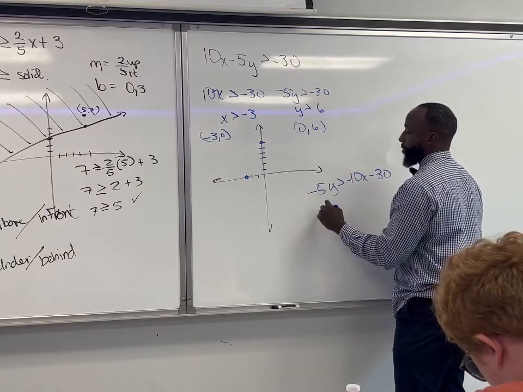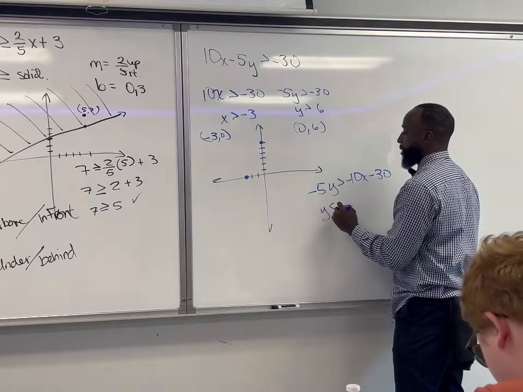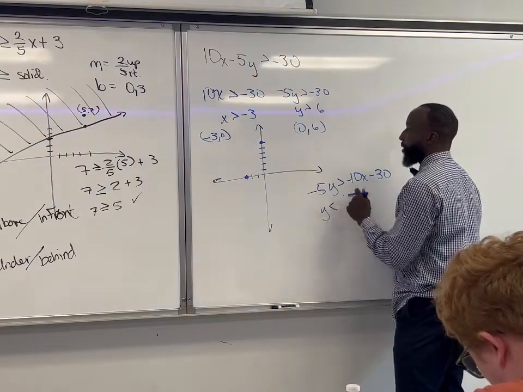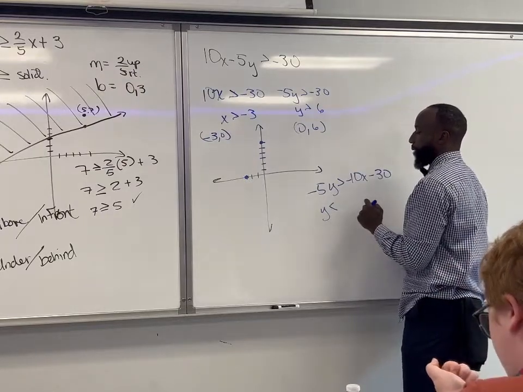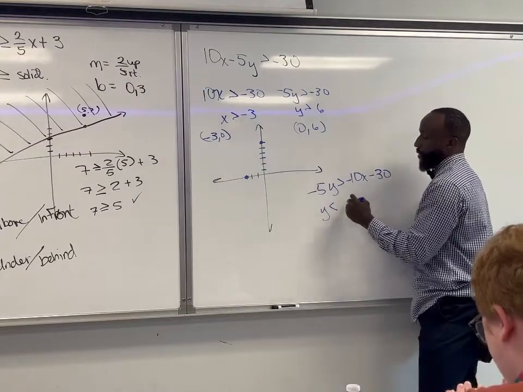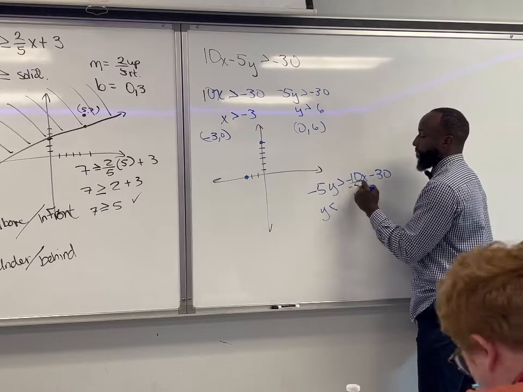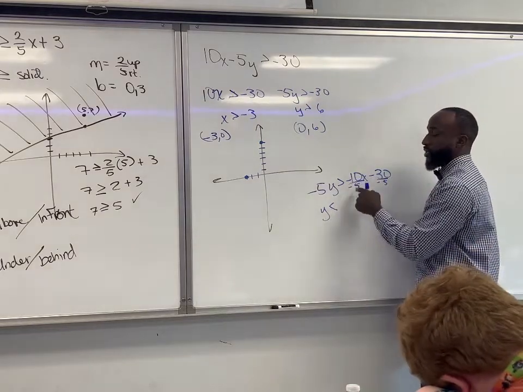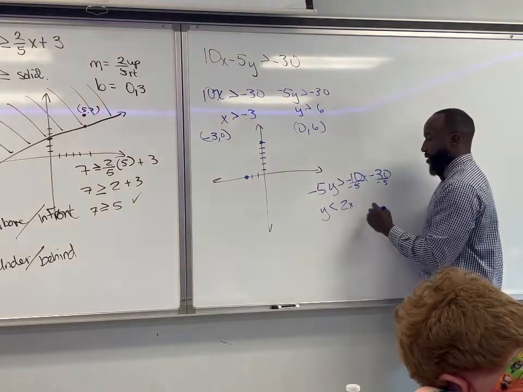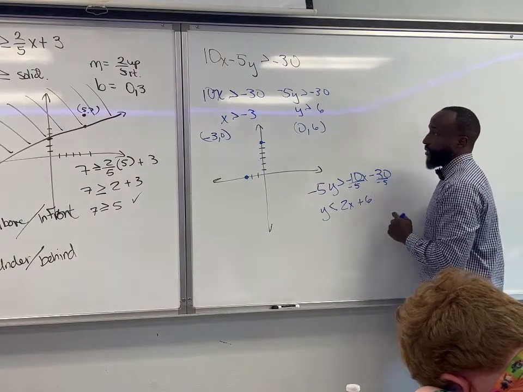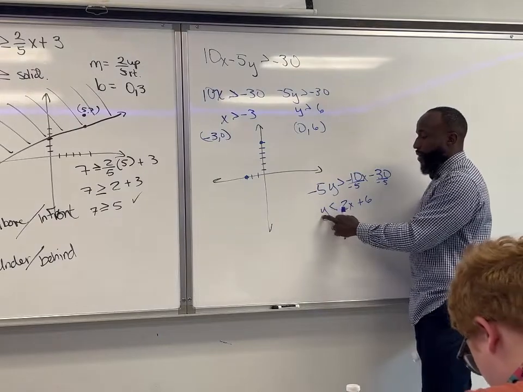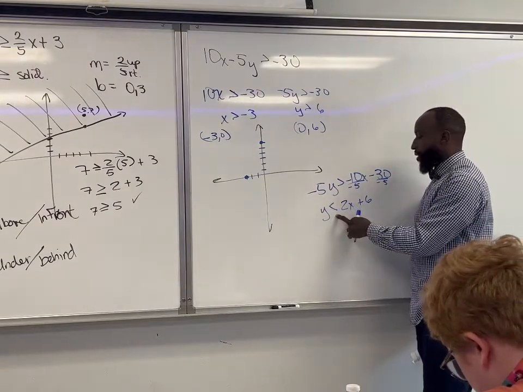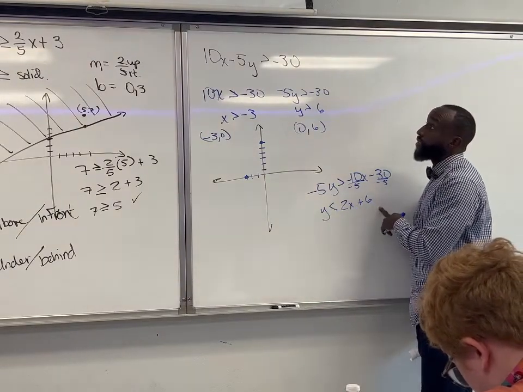So y is, and we'll change the direction of the arrow, because we divide by a negative. So it'll be negative 10x divided by negative 5, and negative 30 divided by negative 5. So that's going to be positive 2x plus 6. So the equation is y is less than 2x plus 6.